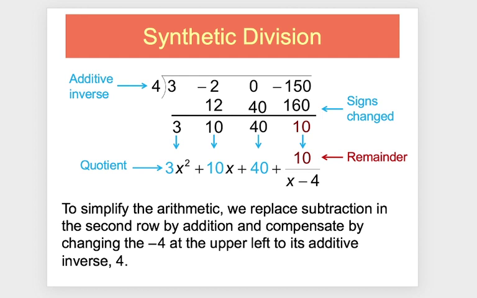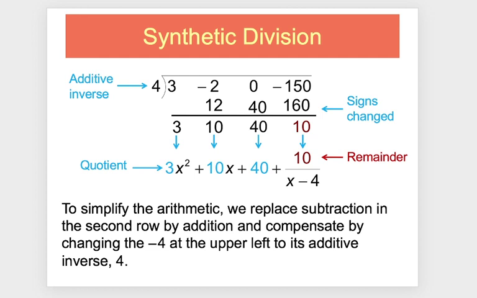Now I'm going to combine this column, 0 and 40. That's going to give us just 40. And then when we multiply 40 with 4, drawing the arrows, that's going to give us 160. And when we combine that, we're left with negative 10.